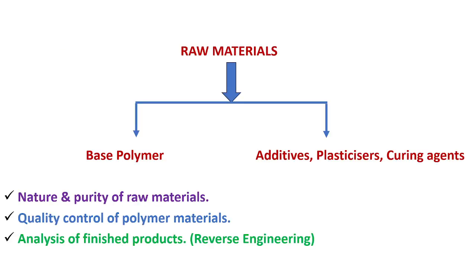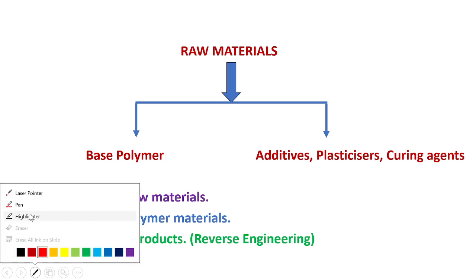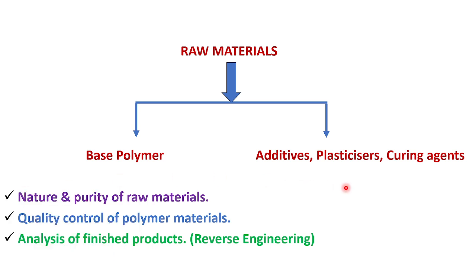If we divide raw materials, there are basically two components. First is the base polymer. You have to choose a specific base polymer based on your final application. And in the other category there are multiple components like additives, plasticizers for smooth processing, curing agents to cure your base polymer, and other chemical compositions also.